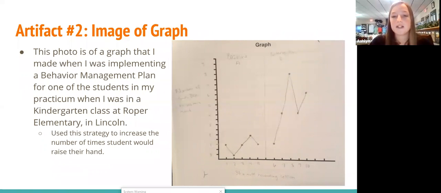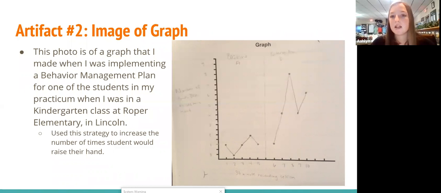So the behavior I chose was hand raising. In the graph, you can see the first half is how many times the student had raised his hand before I really implemented the plan. And then in the second half, you can see he started to increase, and it was after I started using reinforcement.